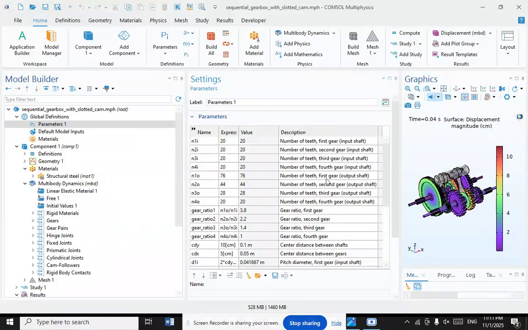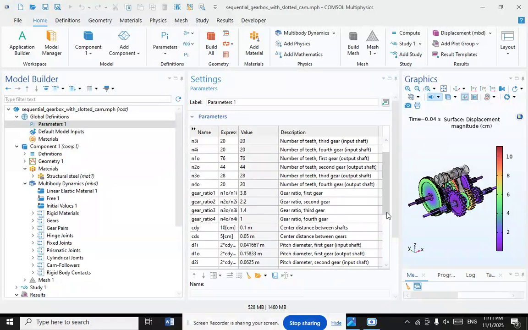For second gear there are 44 teeth, the number of teeth for third gear output shaft is 28, and 20 again for fourth gear.